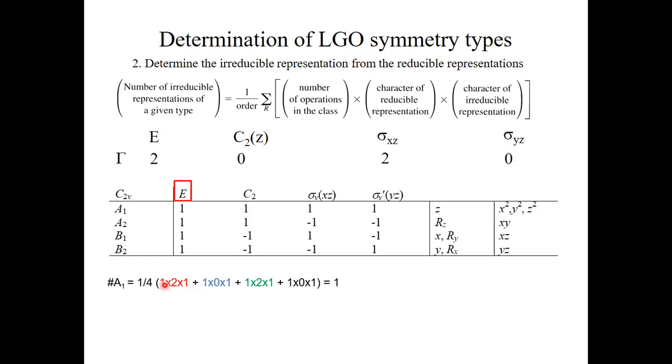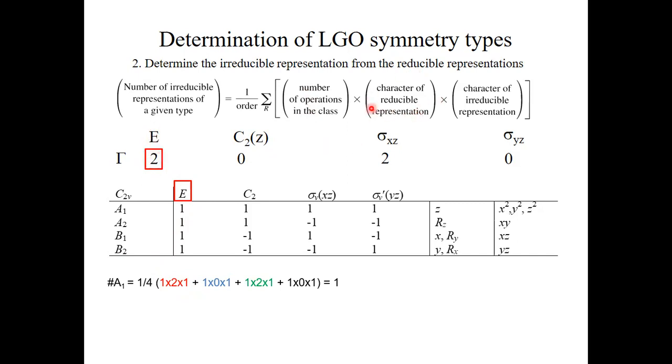So this is the first product here. We have calculated this product by multiplying the number of operations in the class for the identity, and that's just 1, because we have only 1 identity operation, times, well, that 2 here, the character for E in the reducible representation.